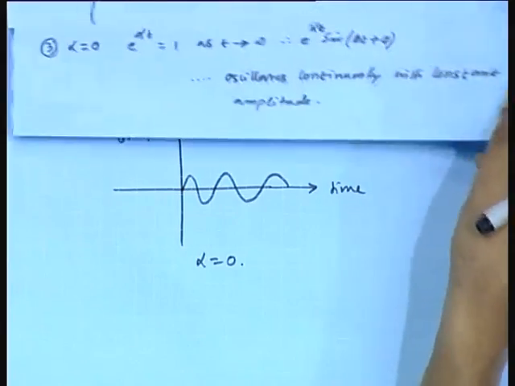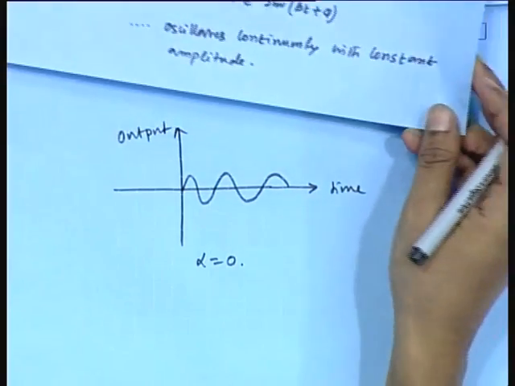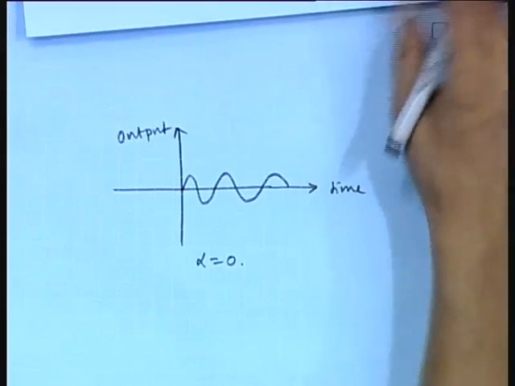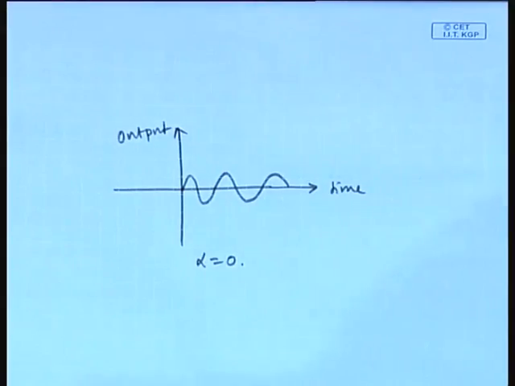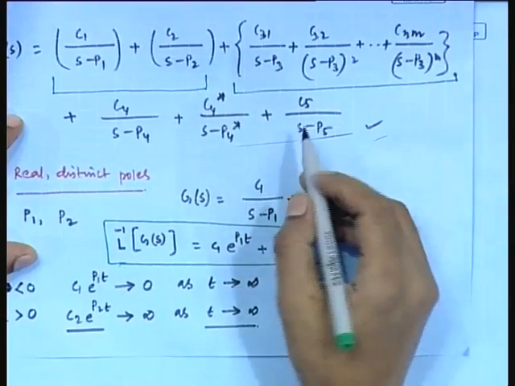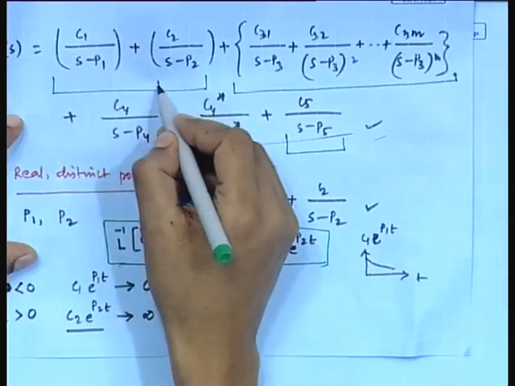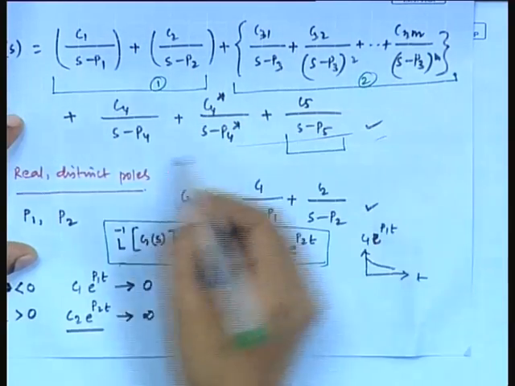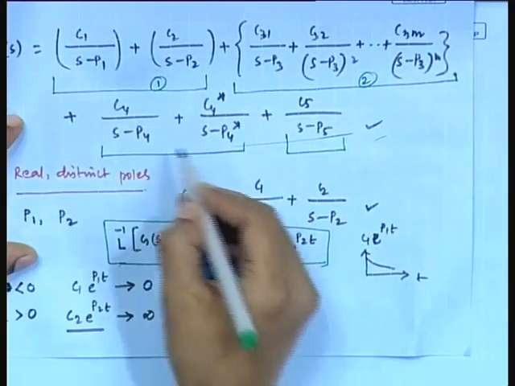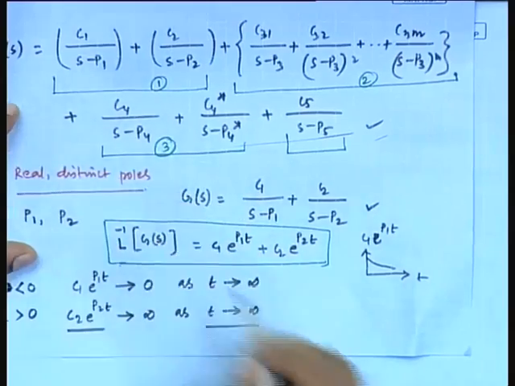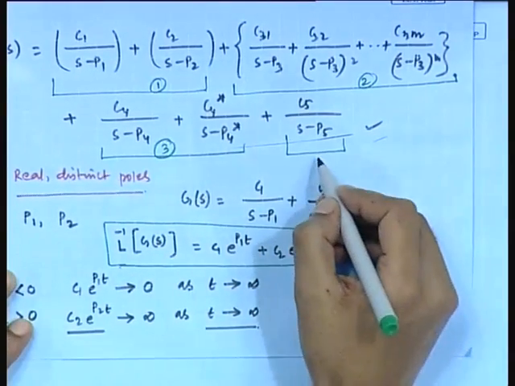So, we have considered 3 different cases. Now, another case, I mean the last case, in which we will consider this transfer function. This is the first case, second case, this is the third case, complex conjugate poles, and this is the fourth case.